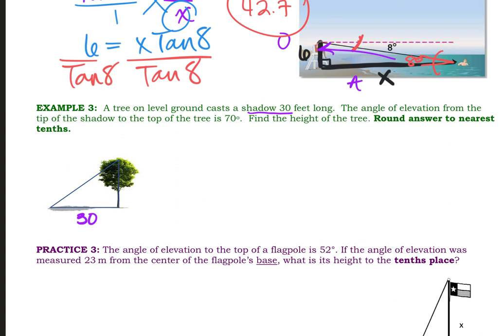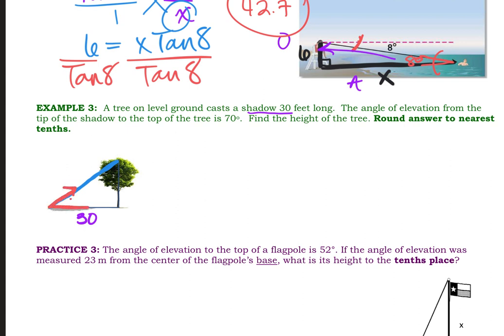30 feet. The angle of elevation from the tip of the shadow, and most questions will be like this, the tip of the shadow to the top of the tree, the angle of elevation is 70. So do you think I'm going to place it up here or down here? At the top or at the bottom? It's going to actually be at the bottom. Elevation, remember, elevation is your view up.